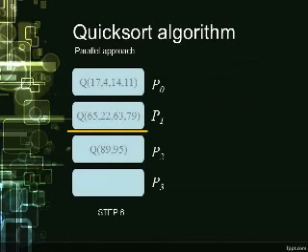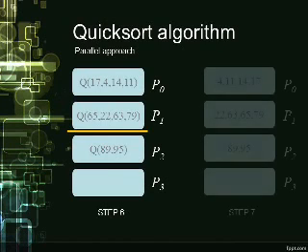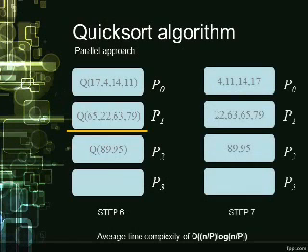Finally, we apply the serial quicksort algorithm to the individual lists of numbers at each process at the same time. And the average time complexity is reduced to O(n/P log n/P), where P is the number of processes.